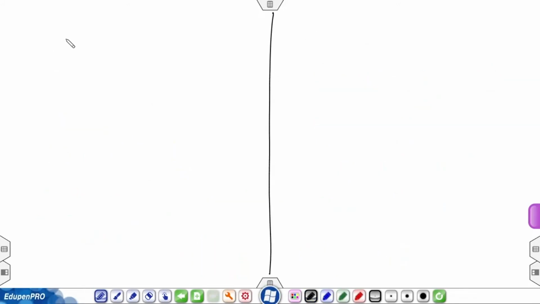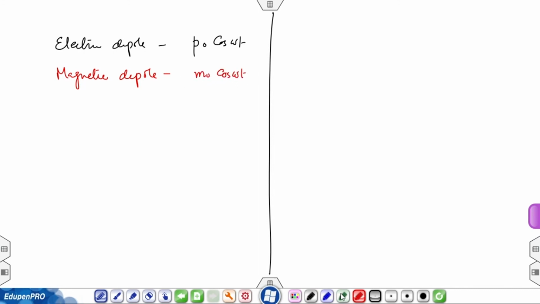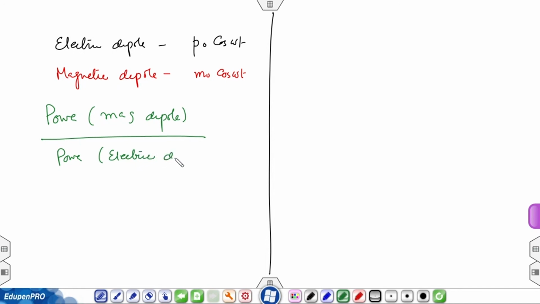We find that if we have an electric dipole p naught cosine omega t, and we have a magnetic dipole m naught cosine of omega t, then the ratio of the power from magnetic dipole to power from electric dipole is of the order of L over c T whole square.